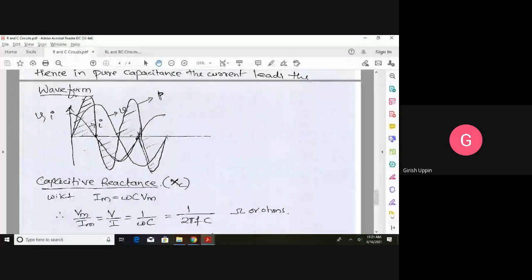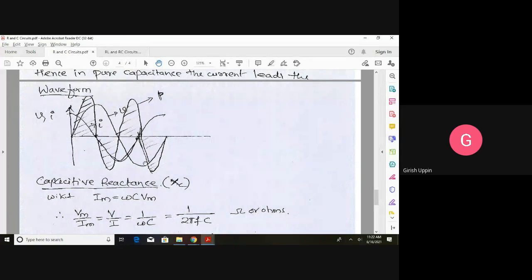Let us say we have 50 hertz. 50 hertz means there are 50 cycles in 1 second. If I say 100 hertz, there are 100 cycles in 1 second. This V is Vm sin omega t.